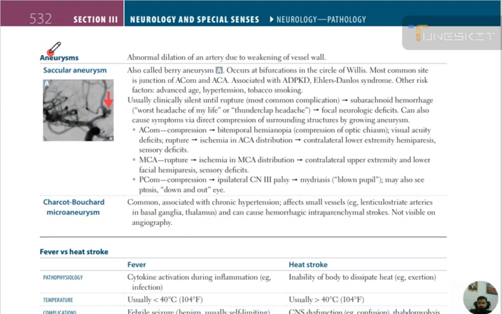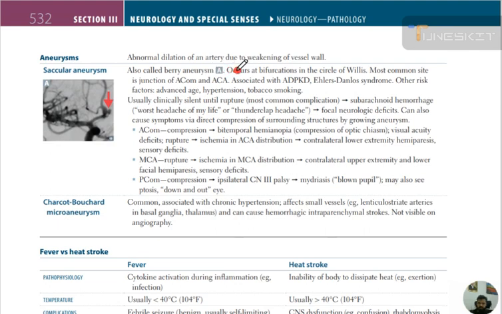So now we see what an aneurysm is. It is an abnormal dilatation of an artery due to weakening of the vessel walls. Okay, this is some kind of definition. What is a saccular aneurysm, also called a berry aneurysm? We know berry aneurysm from a disease which is subarachnoid hemorrhage.